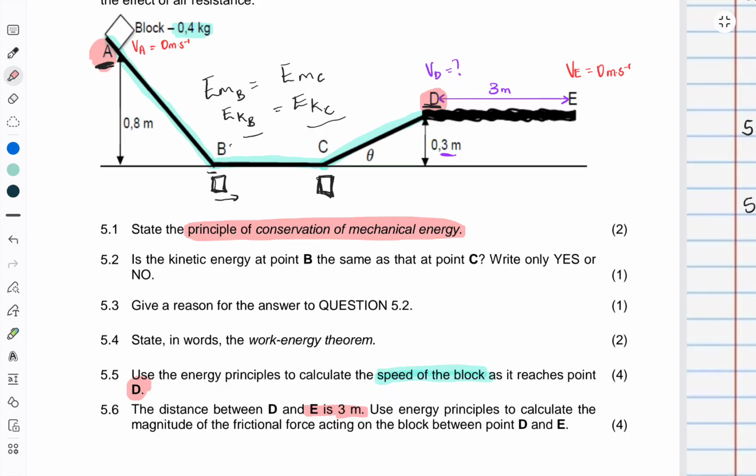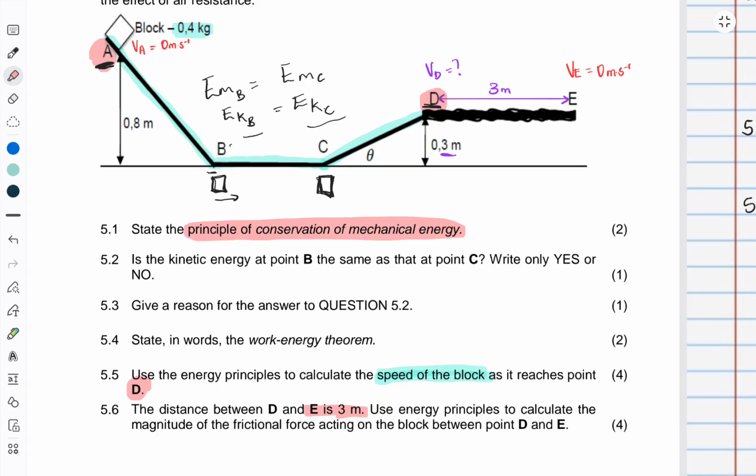And once there's friction, which is not a conservative force, mechanical energy won't be conserved per se. So now you must look into using the work energy theorem. That's one thing I wanted to clarify.